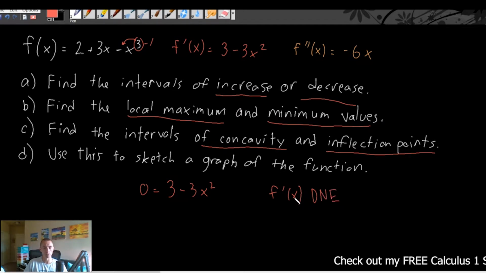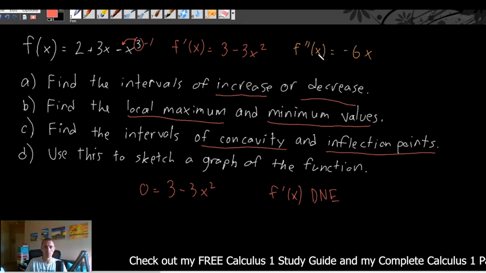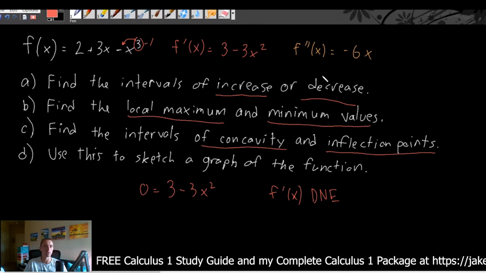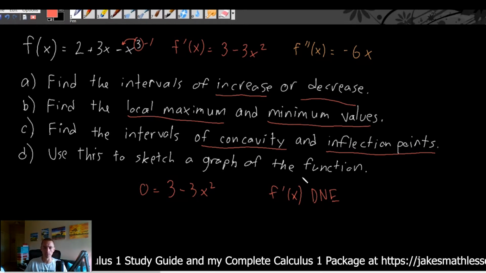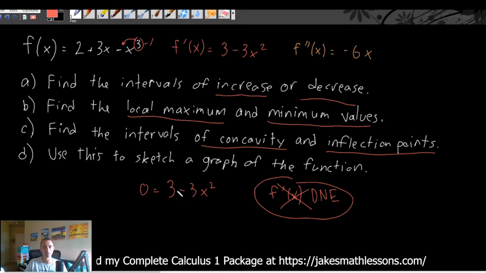Which x values would cause f prime to not exist? Well, in this case, f prime is a polynomial. Polynomials exist for all x values. F prime and f double prime are all polynomials, so all three of these functions exist for all x values. So this is not going to come into play for our critical numbers. We really just need to worry about where our derivative equals 0.